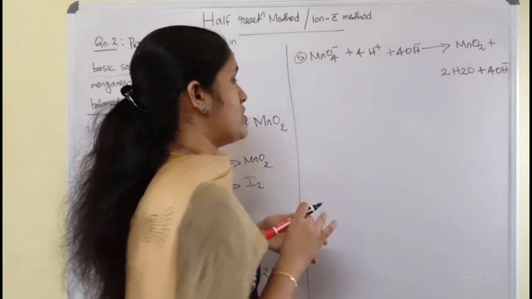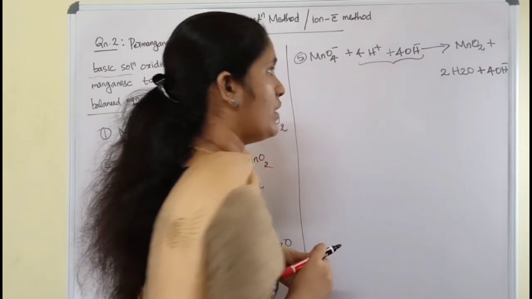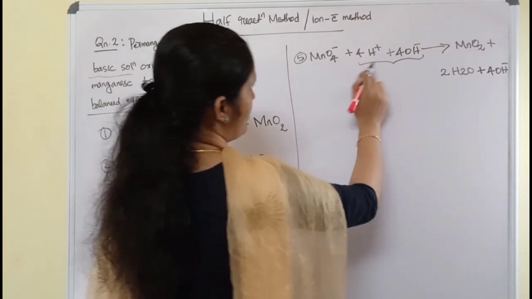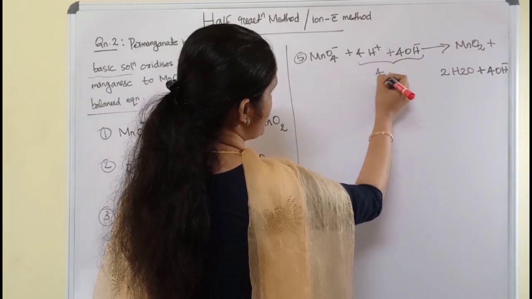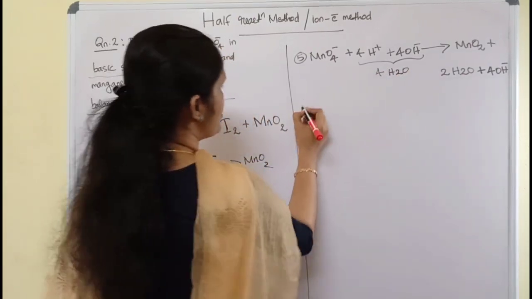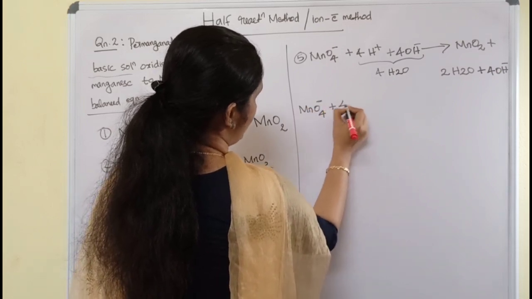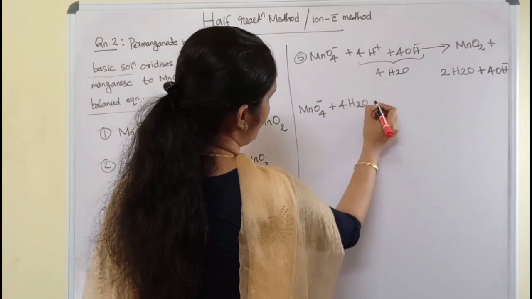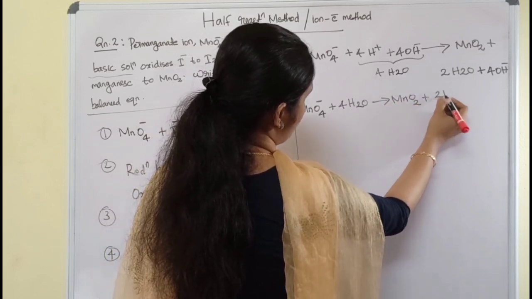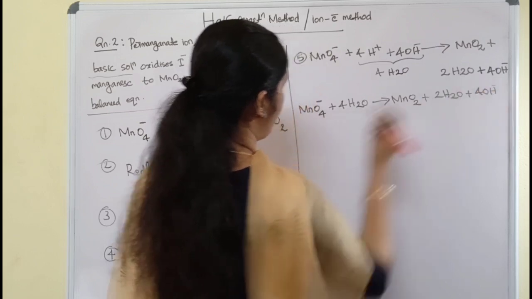Clear? And next, here 4H plus and 4OH minus, which combine and get neutralized. 4H plus and 4OH minus turn to 4H2O. Okay, so let's again rewrite the equation. MnO4 minus plus 4H2O gives MnO2 plus 2H2O plus 4OH minus.